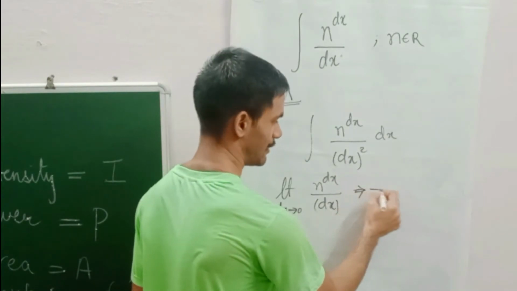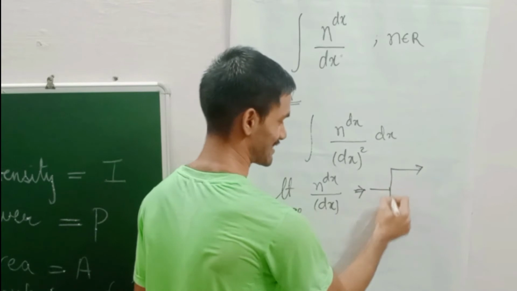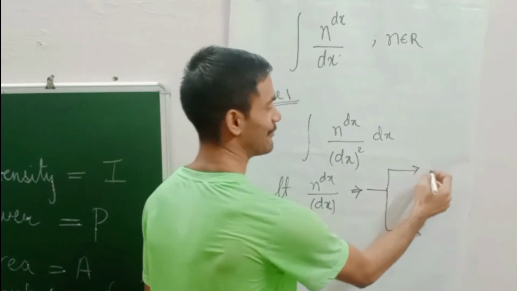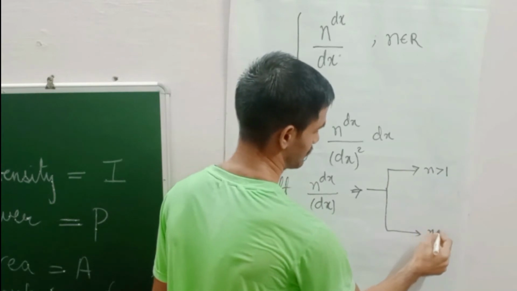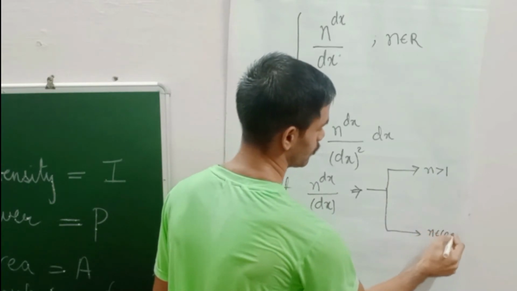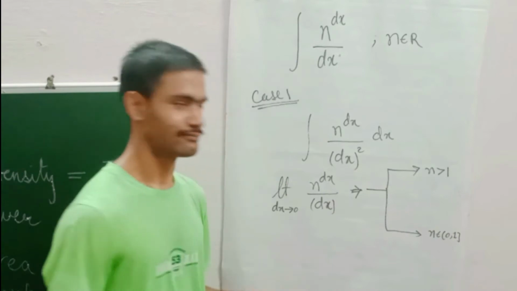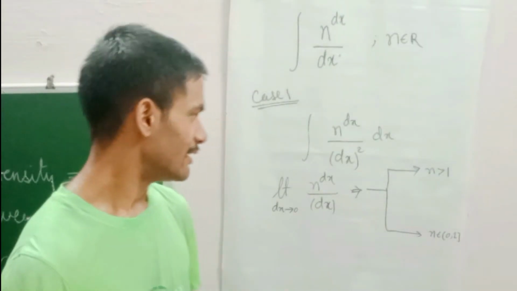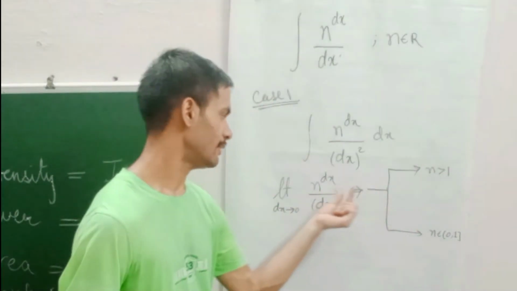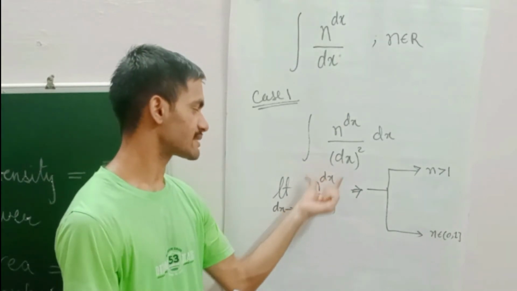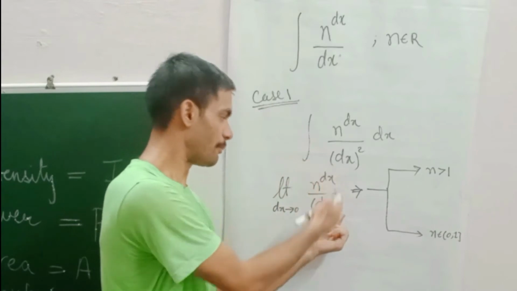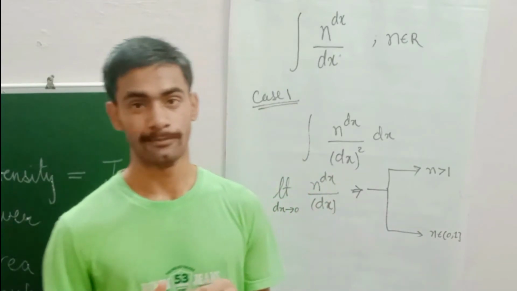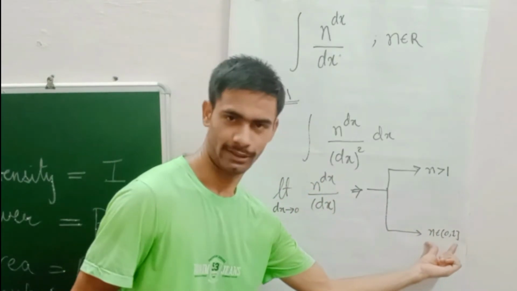Here more cases arise, where n is greater than 1 or n belongs to 0 to 1. Two cases arise. See, for n greater than 1, let's do 2 power dx upon dx. 2 power 0, 1 by 0, the limit does not exist for this one.